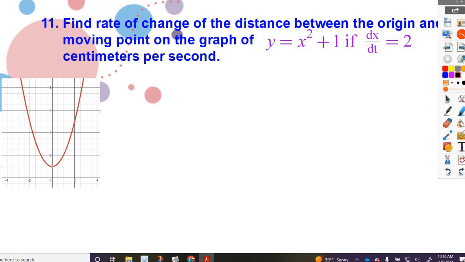Okay, so then what is our unknown? What are they asking us to find here? So what would be a good variable for our distance? D. Okay, so what are they asking for then?